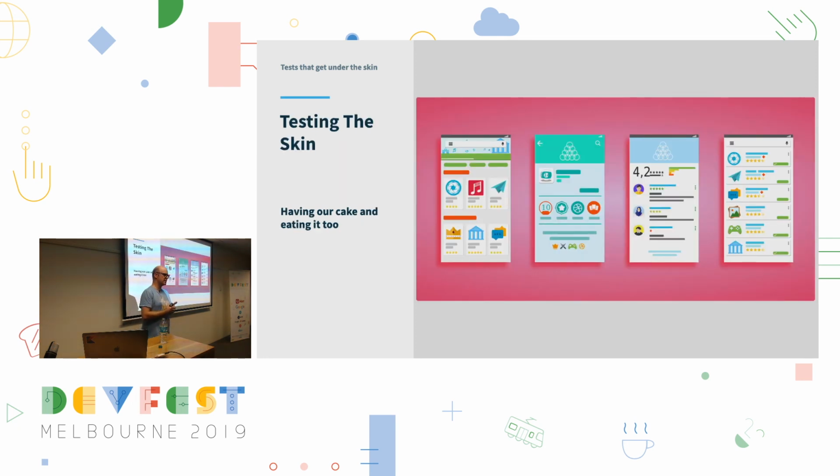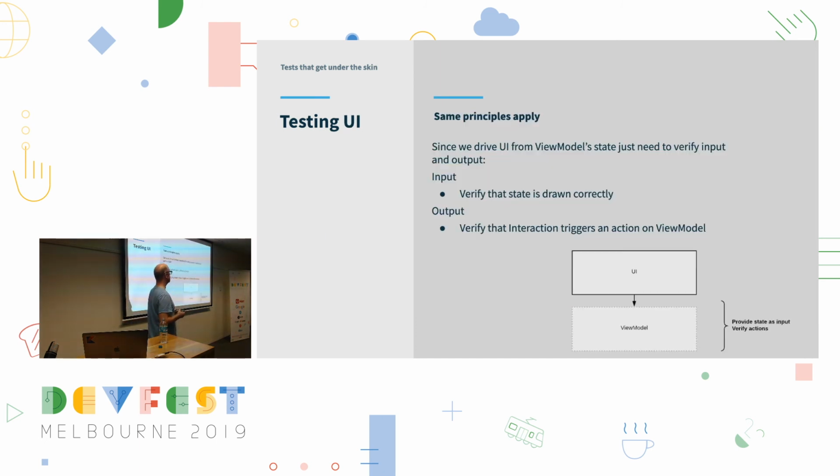So, testing the skin, right? I promised you I'd talk about fast running UI tests, and I have a little bit of a surprise for you, because maybe that will be a bit of an anticlimax. It turns out we can use the exact same principles that we had already, because our UI is completely driven by the state of the view model.